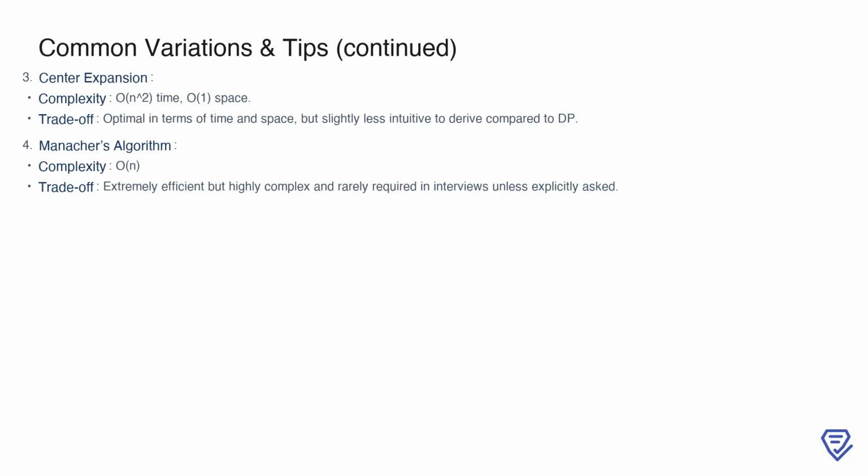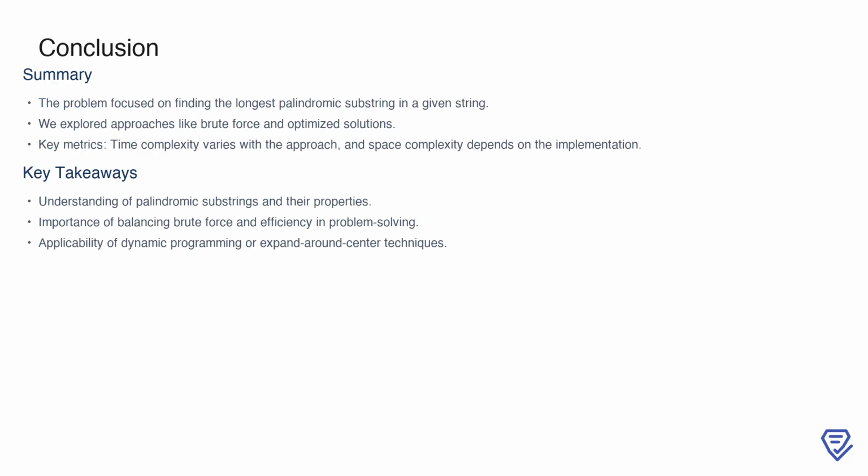For those aiming for maximum efficiency, there's also Manacher's algorithm, which reduces the time complexity to O(n). While it's extremely fast, the trade-off is its complexity. It can be challenging to understand and implement, and it's rarely necessary in standard interviews unless explicitly requested. Ultimately, for most interview scenarios, center expansion strikes the best balance between simplicity and efficiency, making it the preferred choice in many cases. Great work!